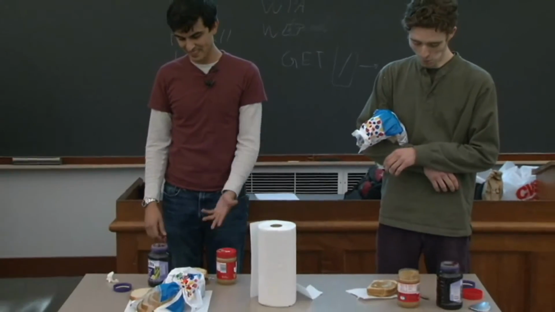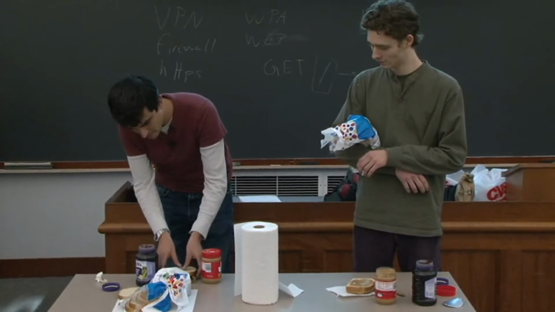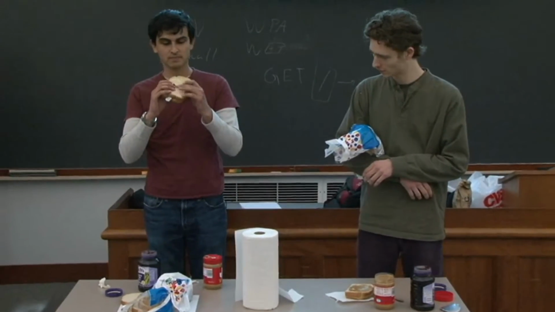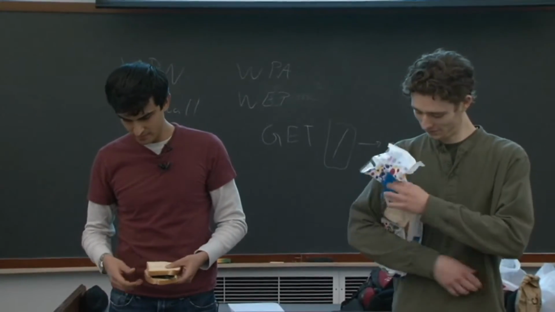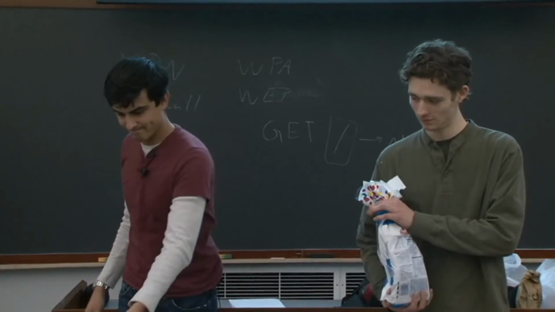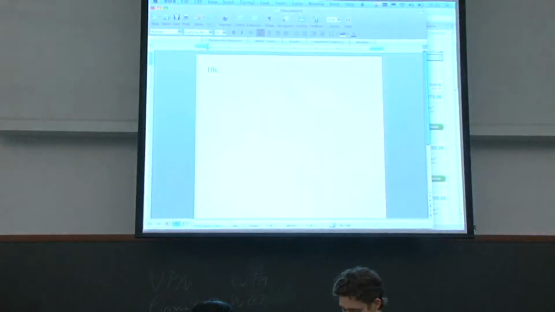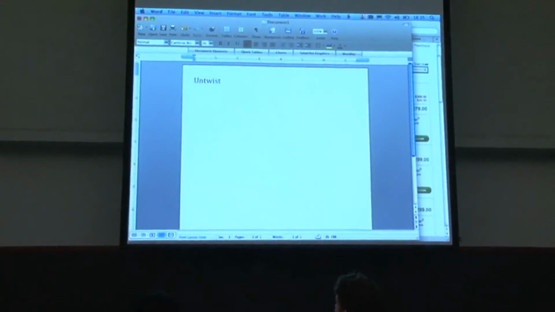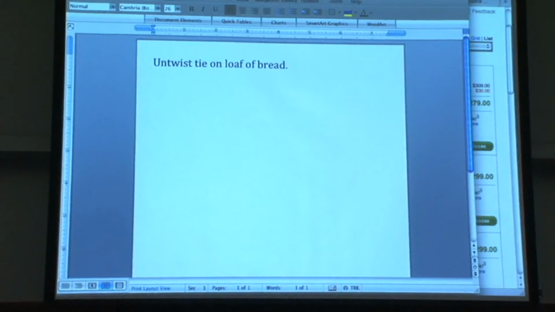All right, so let's assume things are in as pristine a condition as possible, but we'll take some liberties now. Let's go back to the drawing board here and see if we can fix where we went astray. So, step 1, please. Untwist tie on loaf of bread.